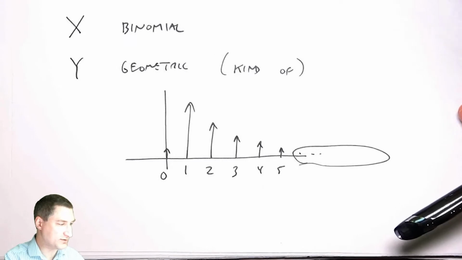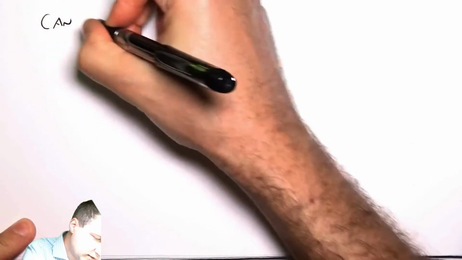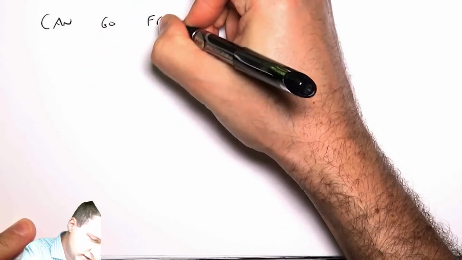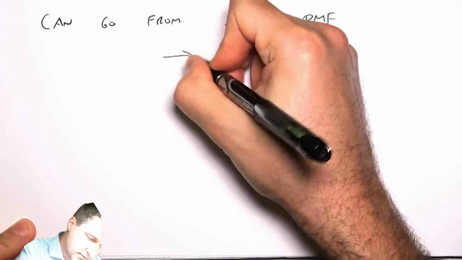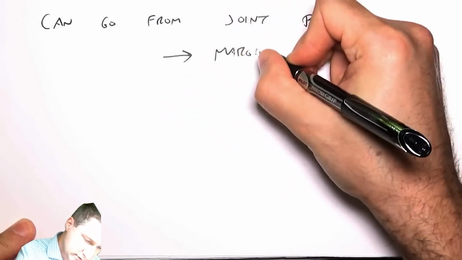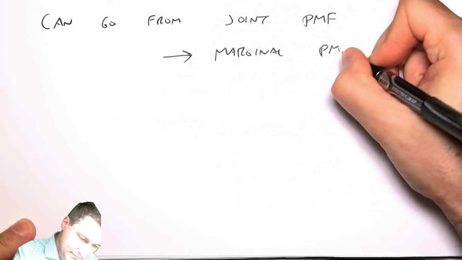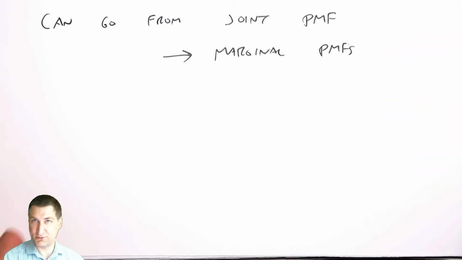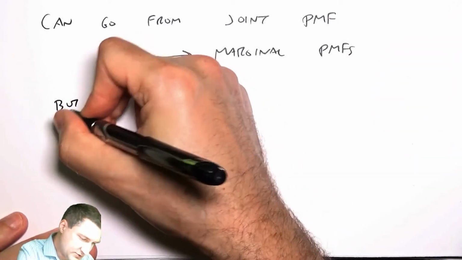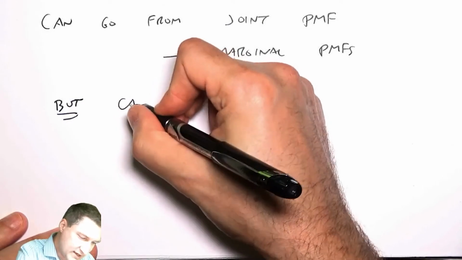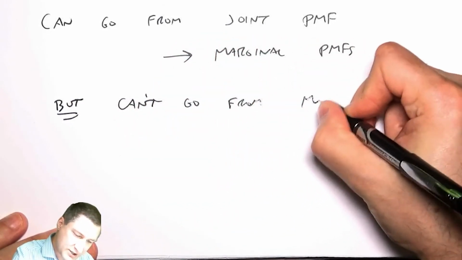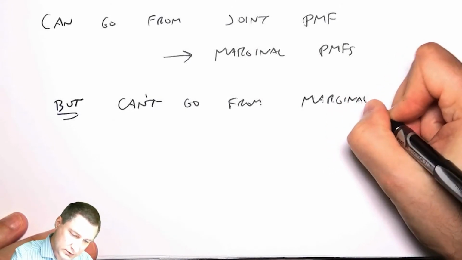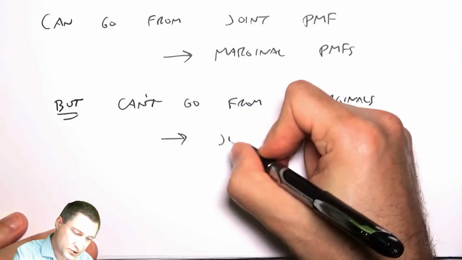Now, one really important thing to realize is that we can go from the joint PMF to the marginals by just adding. That's what we just did. But keep in mind that we can't go from the marginals to knowing the joint.